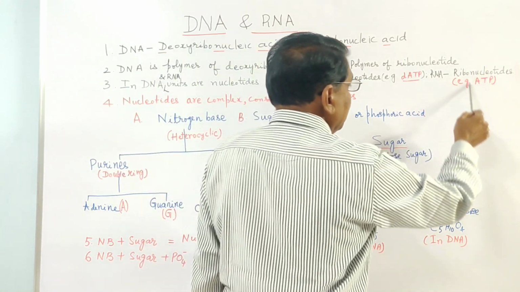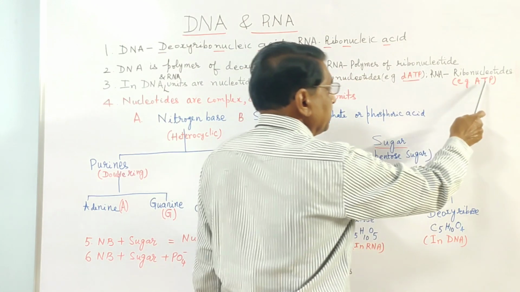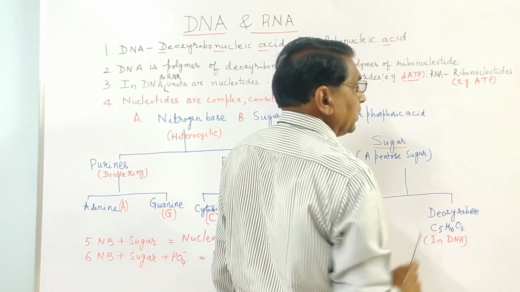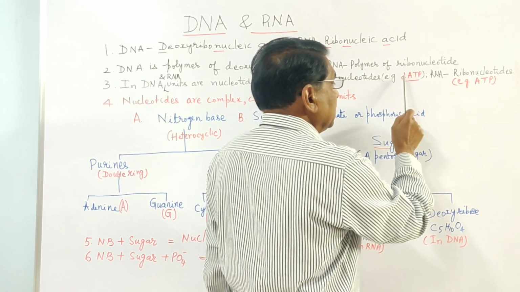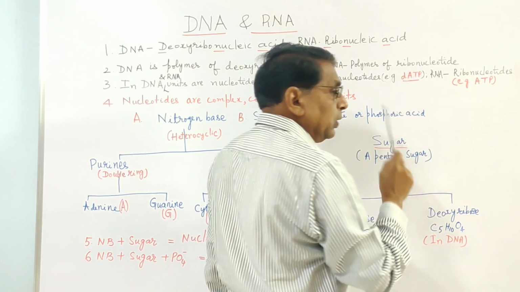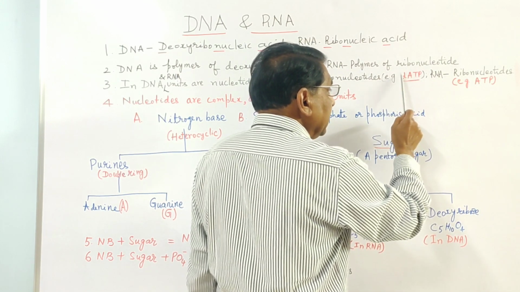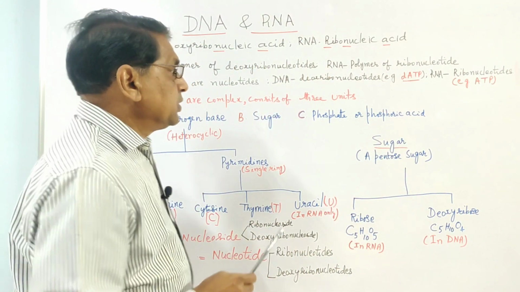If you simply indicate ATP, it indicates it is present in RNA, or sometimes DNA if you don't mention it. So, in order to differentiate the nucleotides present in RNA and DNA, we use D for the nucleotides present in DNA.